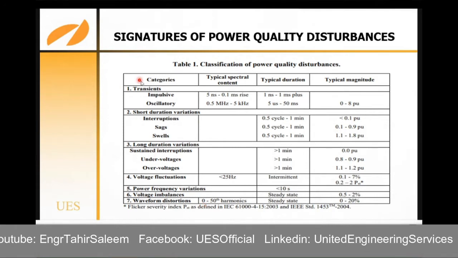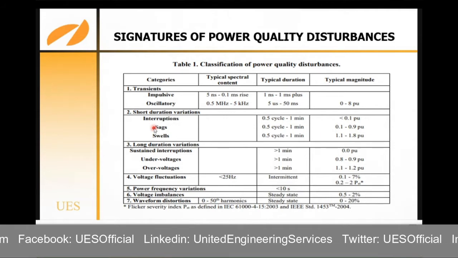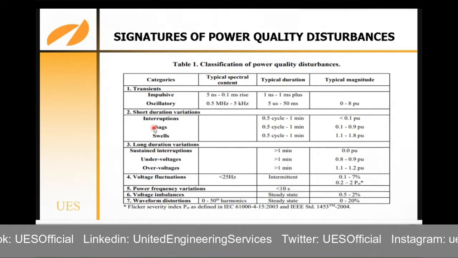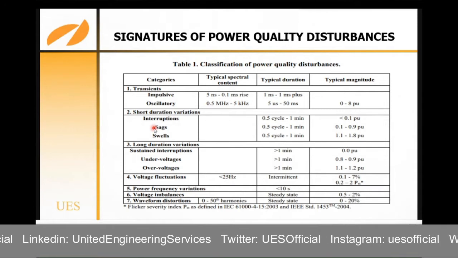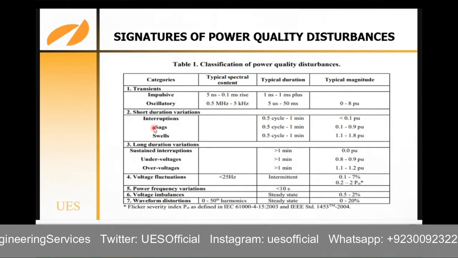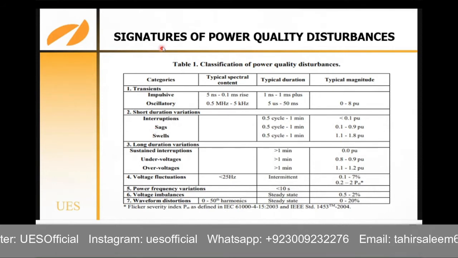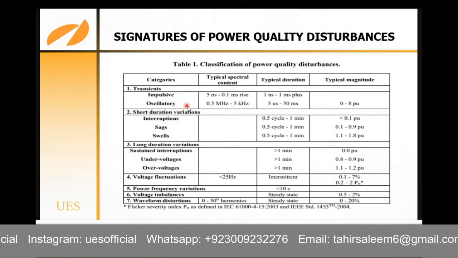Now, as we know, a transient occurs due to different causes. There may be a lightning strike or a short circuit in the power system which causes a transient behavior of power, and that can be impulsive or oscillatory.